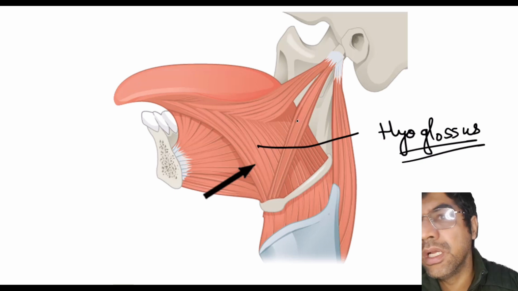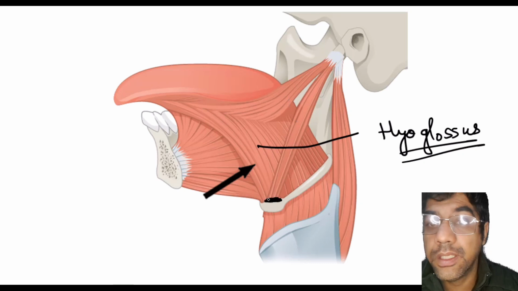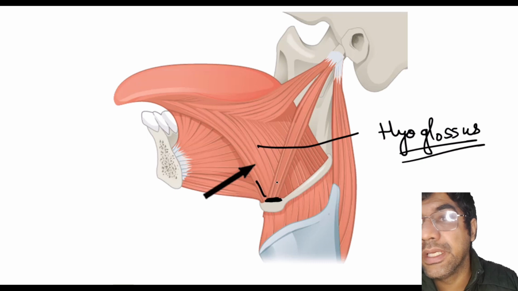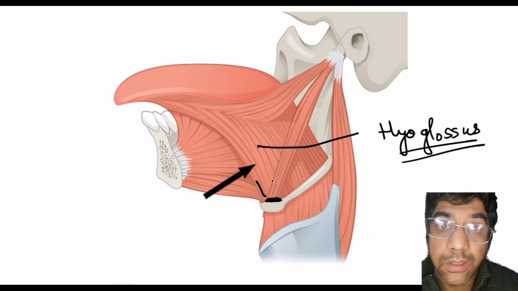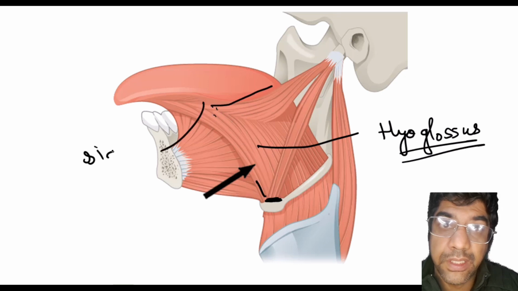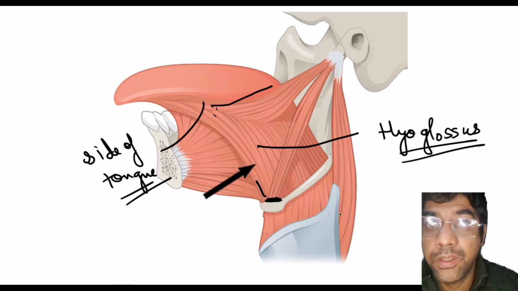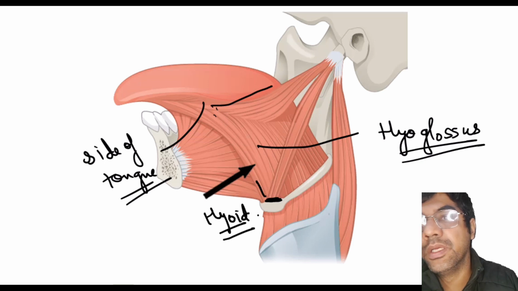Now let us start with the origin first. It starts from the greater cornu and lateral part of the body of the hyoid bone, right? And it is inserted into the side of the tongue between other tongue muscles. So the side of the tongue is its insertion, and its origin is from the greater cornu and lateral part of the body of the hyoid bone.